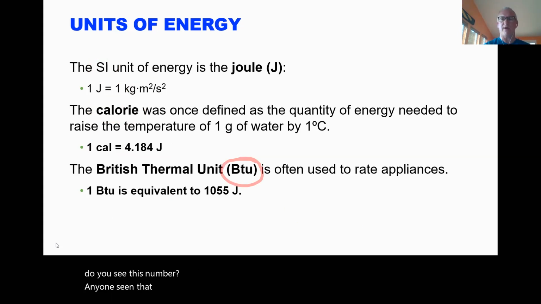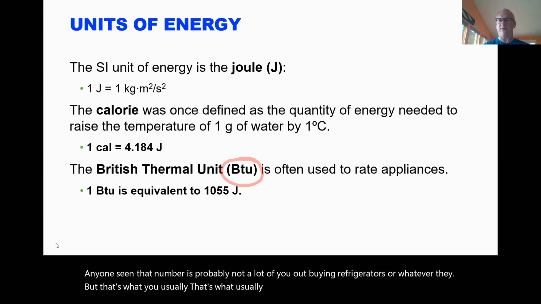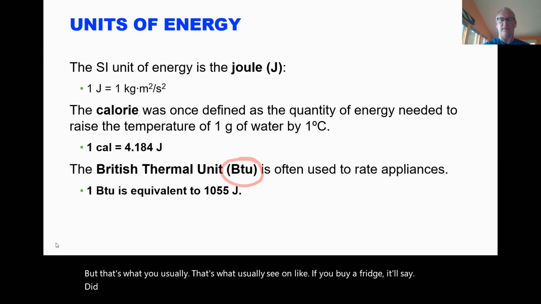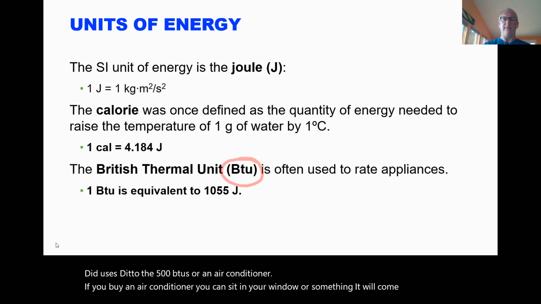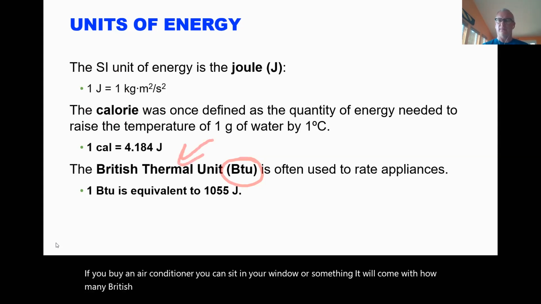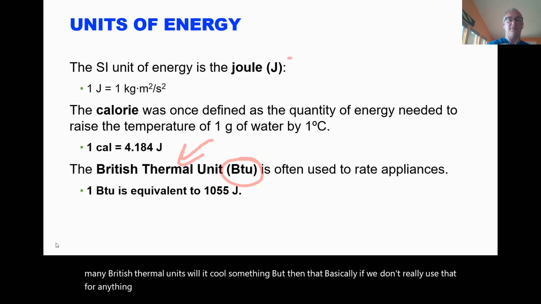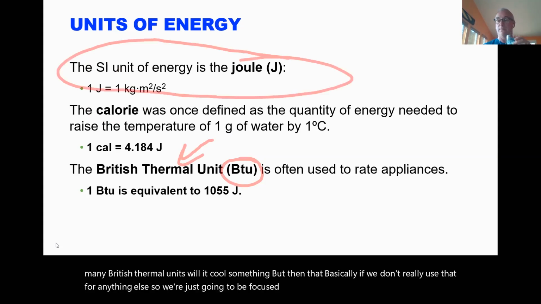There's probably not a lot of you out buying refrigerators, but if you buy a fridge, it'll say it uses 500 BTUs, or an air conditioner for your window will come with how many British thermal units it will cool. But that's basically it. We don't really use that for anything else. So we're just going to focus on the joule from now on.